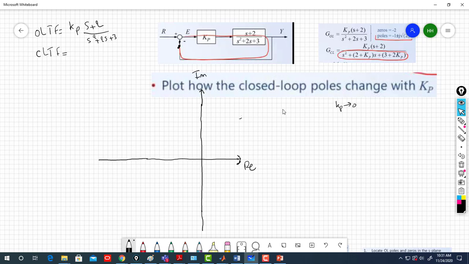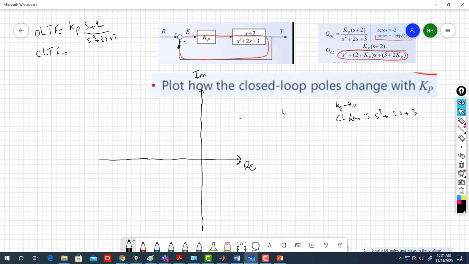When Kp tends to 0, then my closed loop denominator, or characteristic equation, will tend to S2 plus 2S plus 3. Agree? If I take Kp equals 0, the denominator will tend to this one, right?